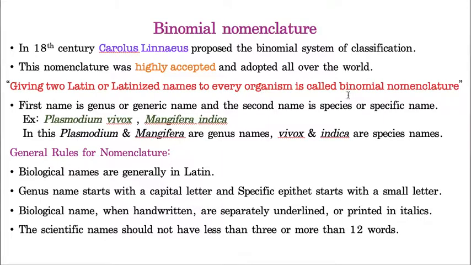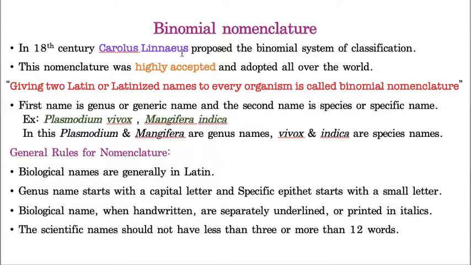In the 18th century, there was one famous scientist. His name is Carolus Linnaeus. He is the person who gave this system of nomenclature called binomial nomenclature, and he is the one who framed the rules for it. So the one who identifies any new individual has to strictly follow the rules given by Carolus Linnaeus only.